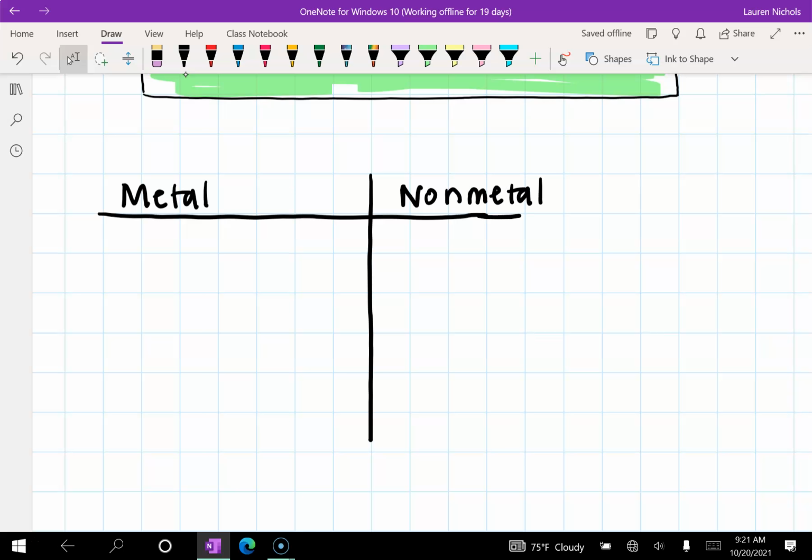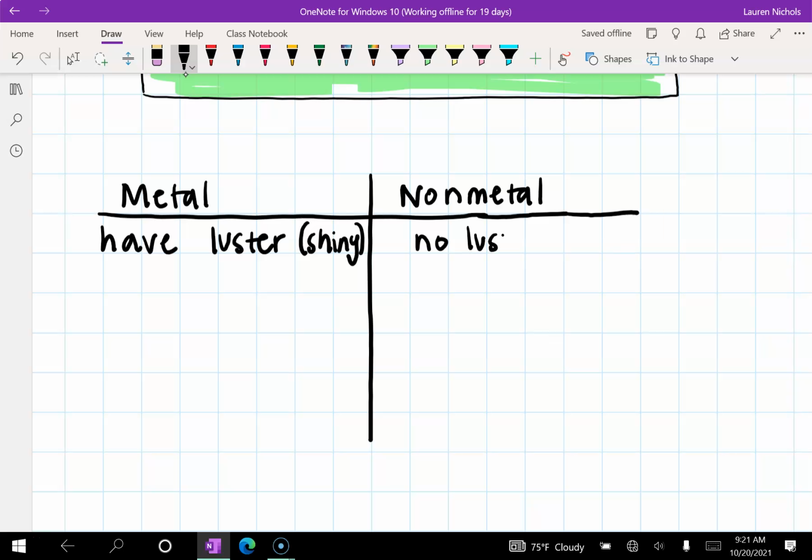So all of these share similar things. For example, metals have luster. That means they're shiny. Nonmetals have no luster. That means they're not shiny, or they're dull.